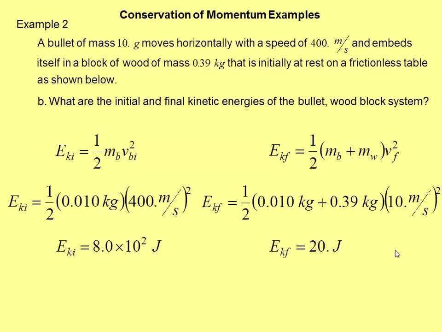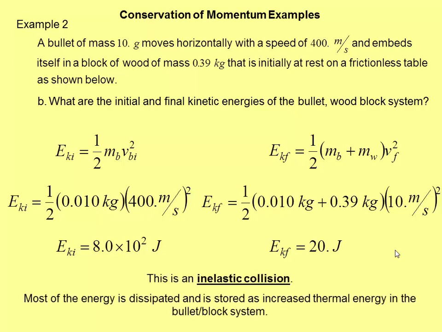Anytime one thing embeds itself into another, there's going to be a lot of energy dissipated. So this is a very inelastic collision. Not completely inelastic. It didn't stop, like when you ran a cart into a piece of clay. But it did dissipate most of the energy. 780 of the 800 joules was dissipated in the process.